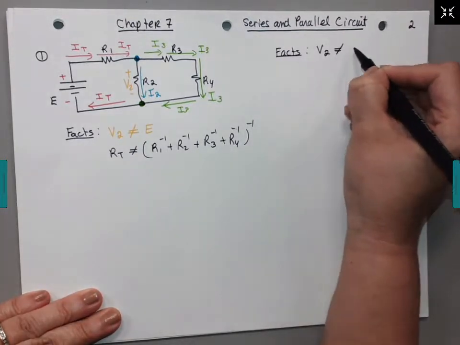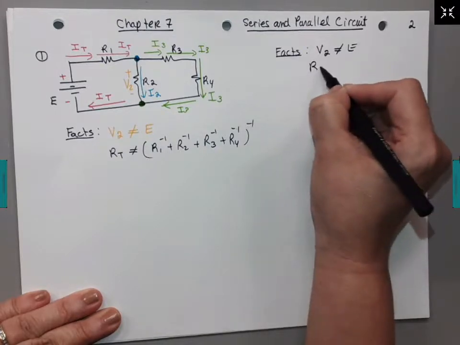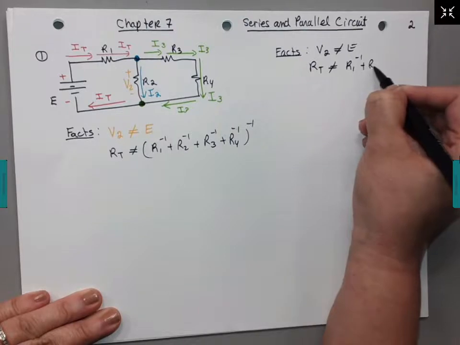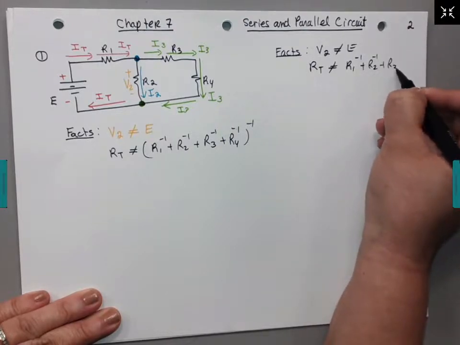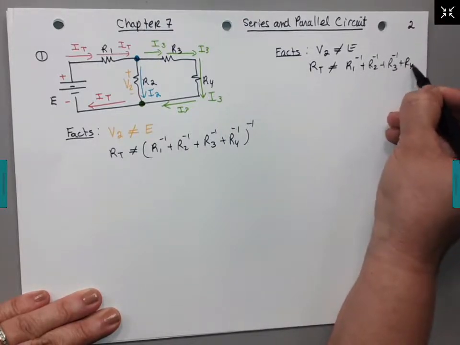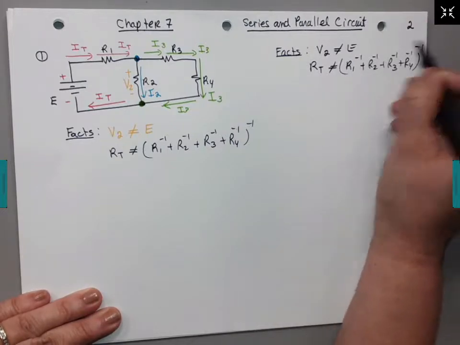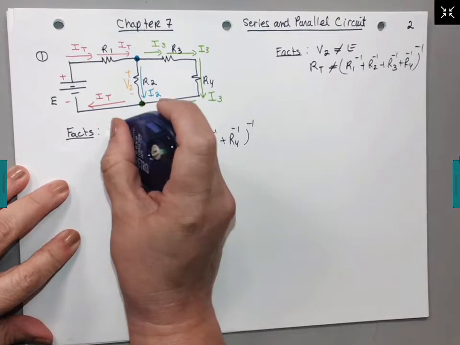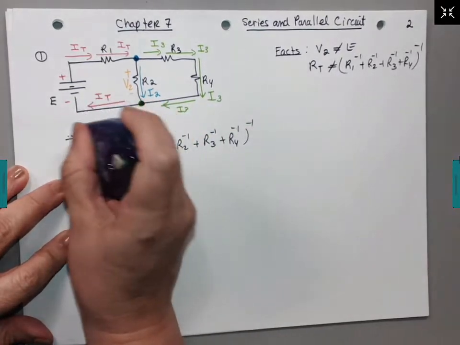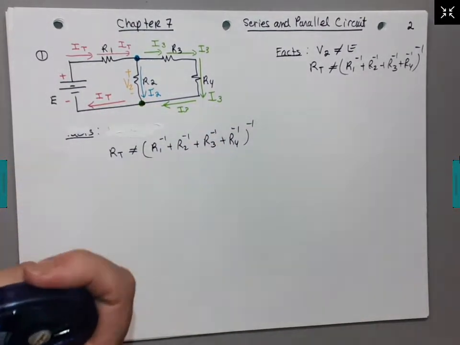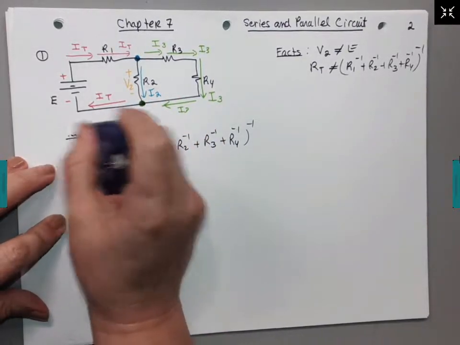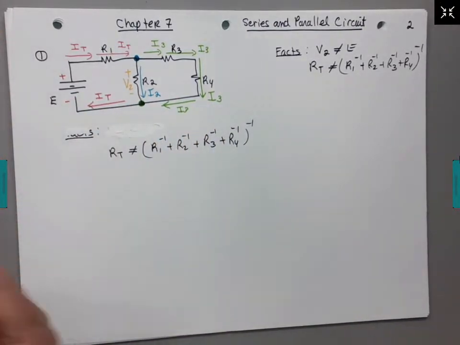V2 is not equal to E, and RT is not equal to R1 plus R2 plus R3 plus R4, because that is a purely resistor circuit, and that is not equal to that. So I'm going to erase him. I put them on the side because I'm going to reduce the circuit so that hopefully you guys can see what is going on.